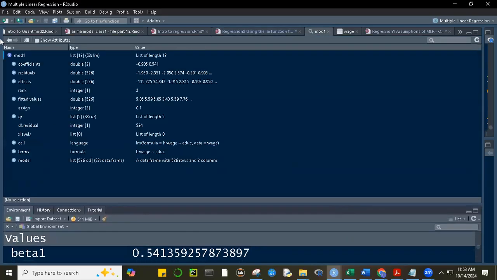The contents of Model 1 are coefficients, residuals, effects, etc.